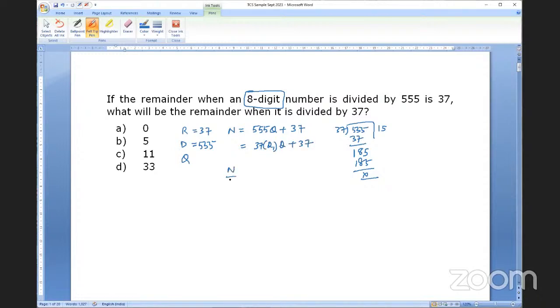Now, when we are dividing this n by 37, the first part, when divided by 37, leaves remainder 0. And the second part, when divided by 37, also leaves remainder 0. So the overall remainder would be 0 if this number is divided by 37. Option A is the pick.